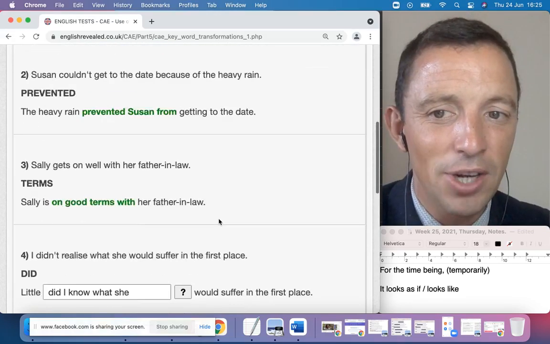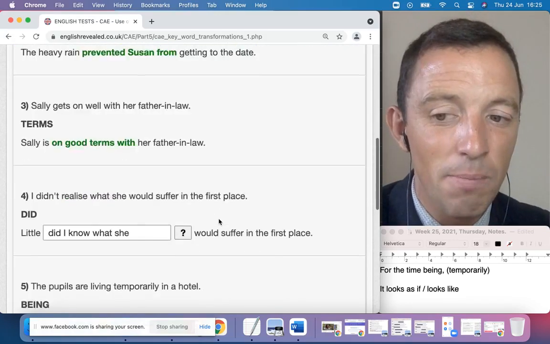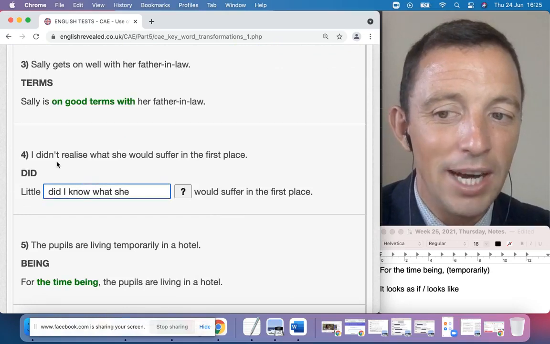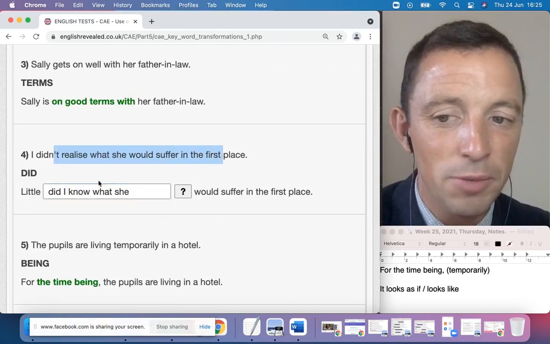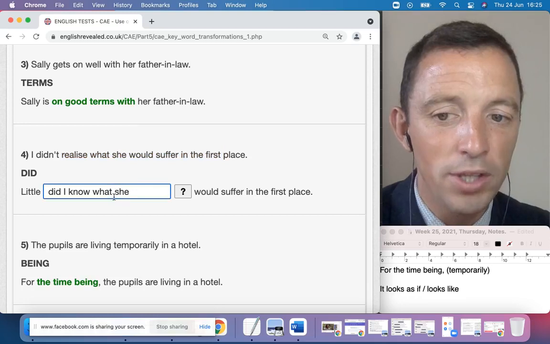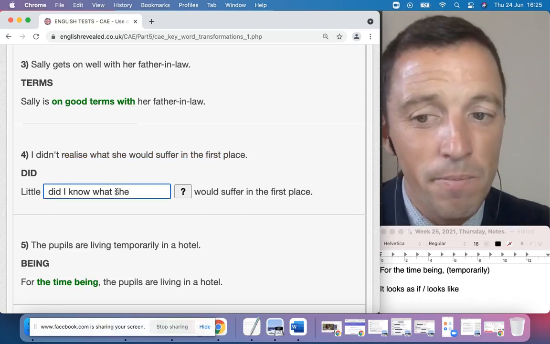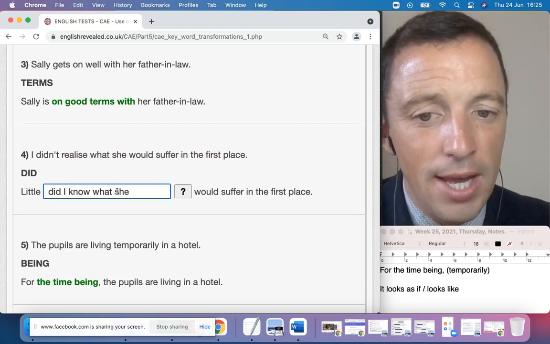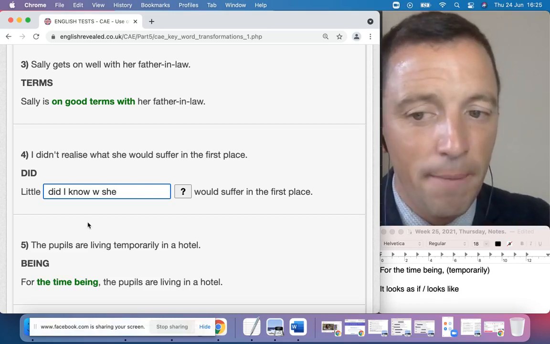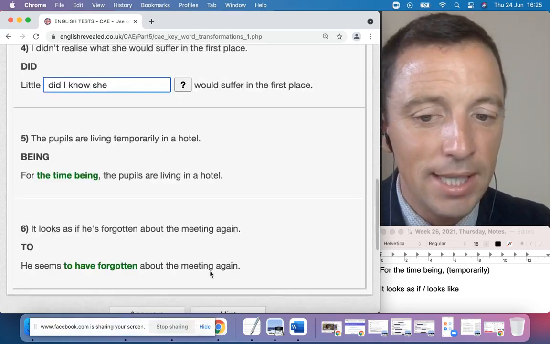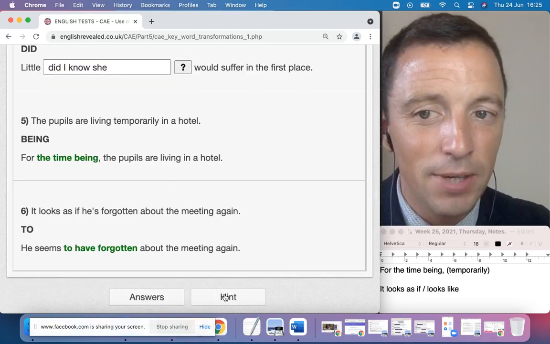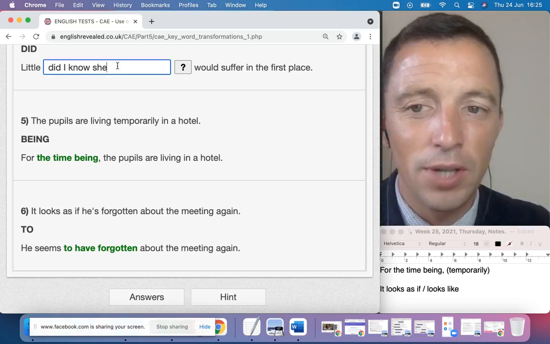So everything is correct except number 4. So I didn't realize what she would suffer in the first place. Little did I know what she would suffer. Maybe just she. I think that could be maybe the best answer. No, hint, no. Little did I know.